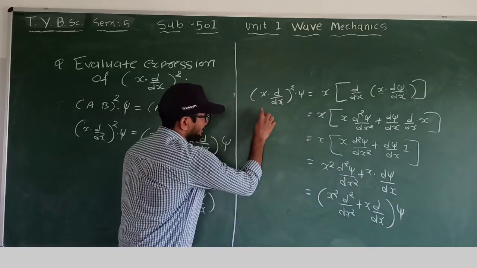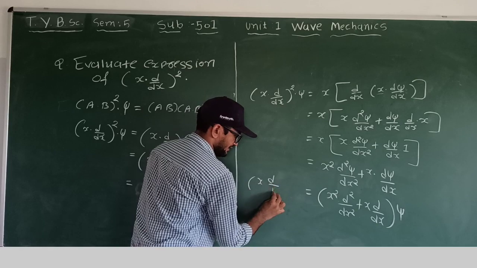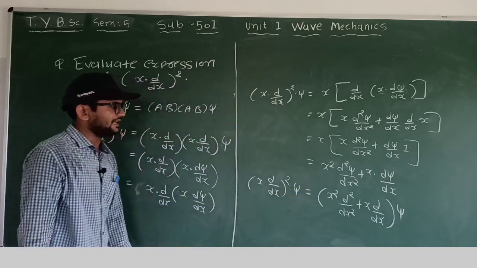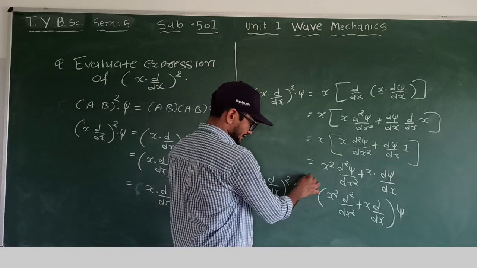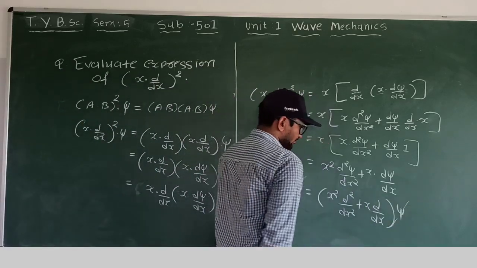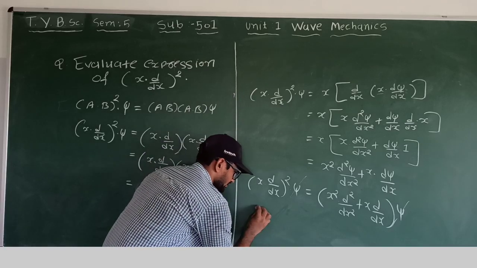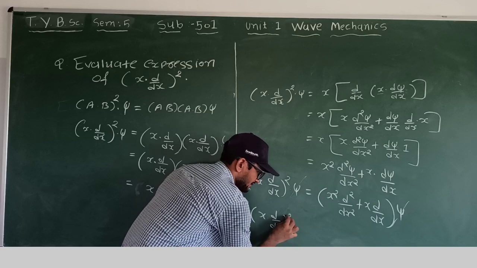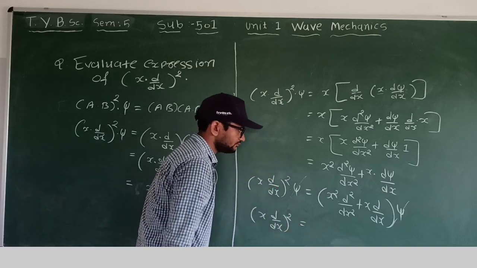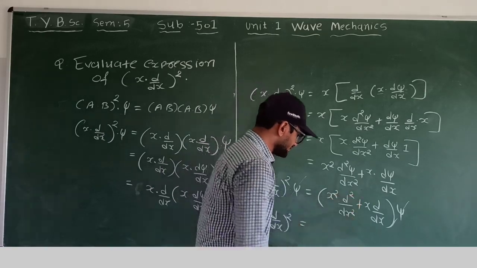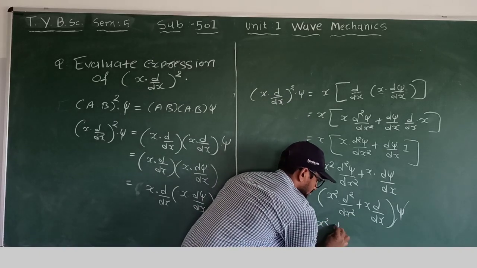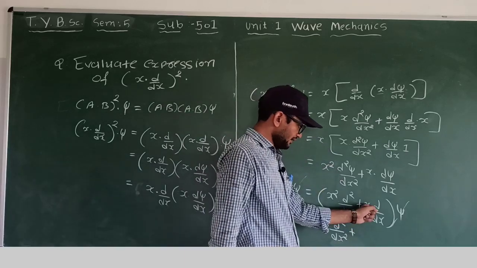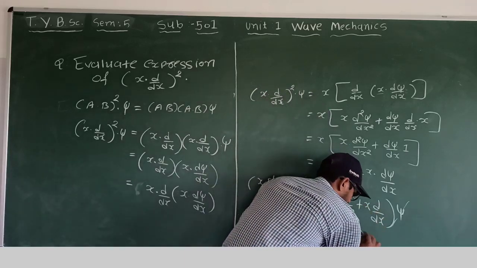Okay, so here (x d/dx) squared into psi. Okay, so in last step we remove psi from both sides, therefore the value of (x d/dx) squared is equal to x squared d squared/dx squared plus x d/dx.